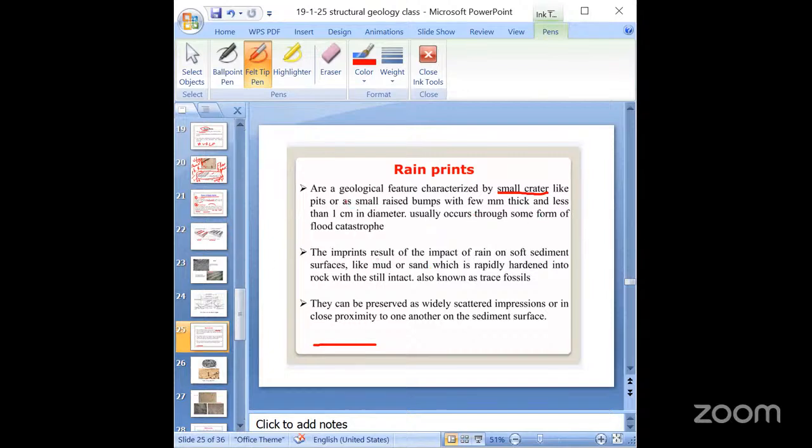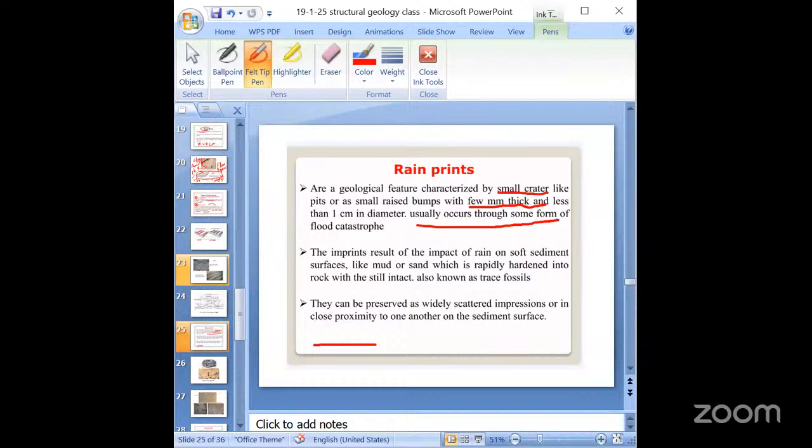These are a few millimeters thick and less than 1 centimeter in diameter, and it usually occurs through some form of flood catastrophe.